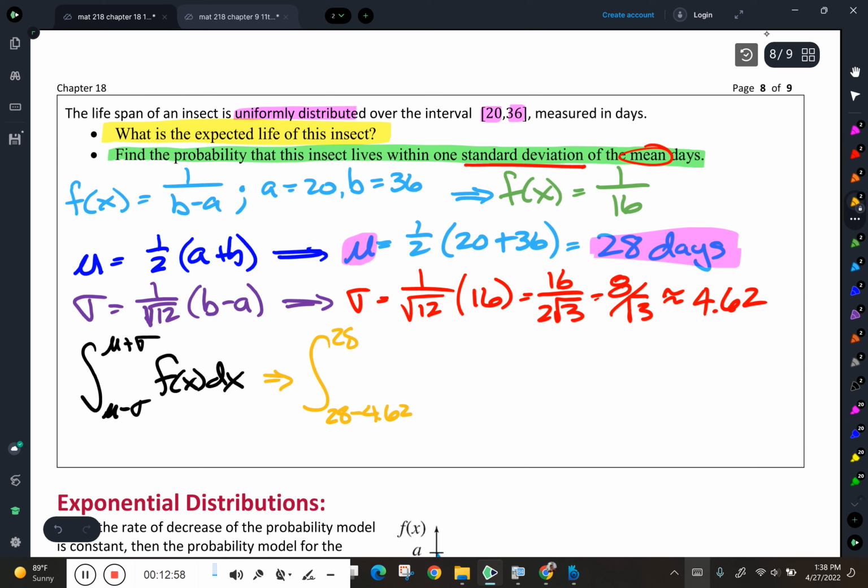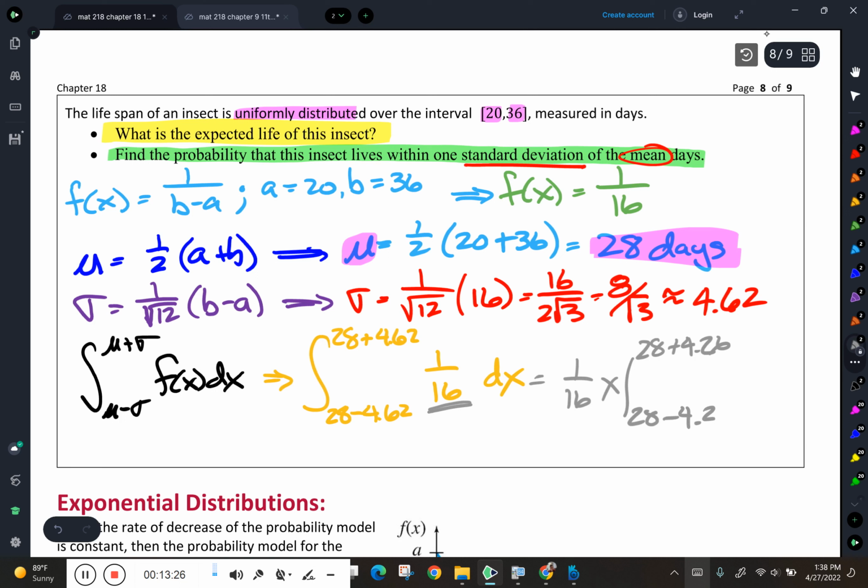This is going to be 28 plus 4.62. My probability density function is 1/16 dx. And so I'm going to go ahead and figure that out. These are actually really easy to do by hand because this is so easy to integrate. So that's going to give me 1/16 x from 28 minus 4.62 to 28 plus 4.62.